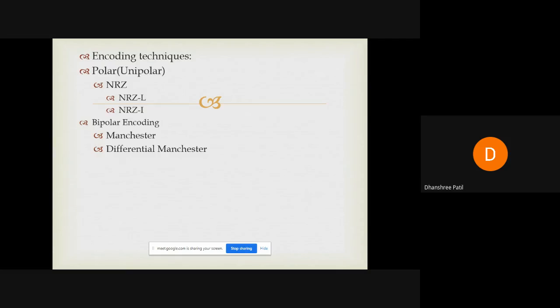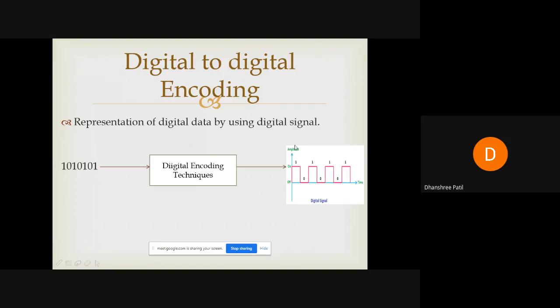I have these signals, but what does the signal exactly represent? To know that, I have to do the decoding. Presence of a signal means 1, so my data will be 1. Absence of a signal means 0, so my data will be 0.